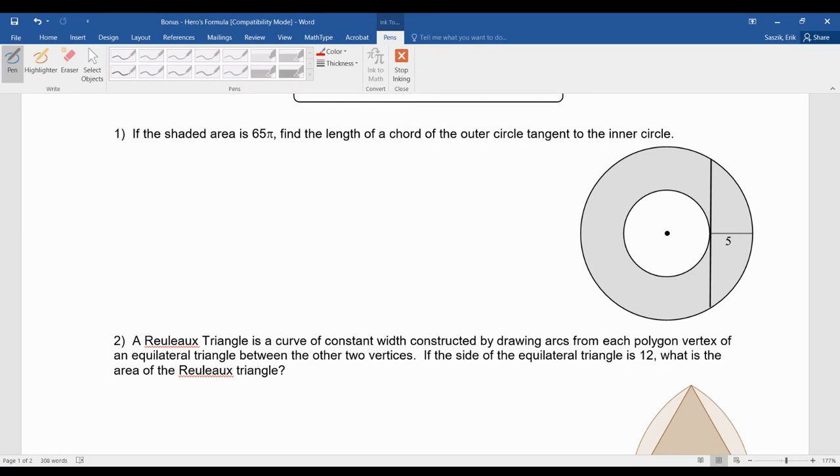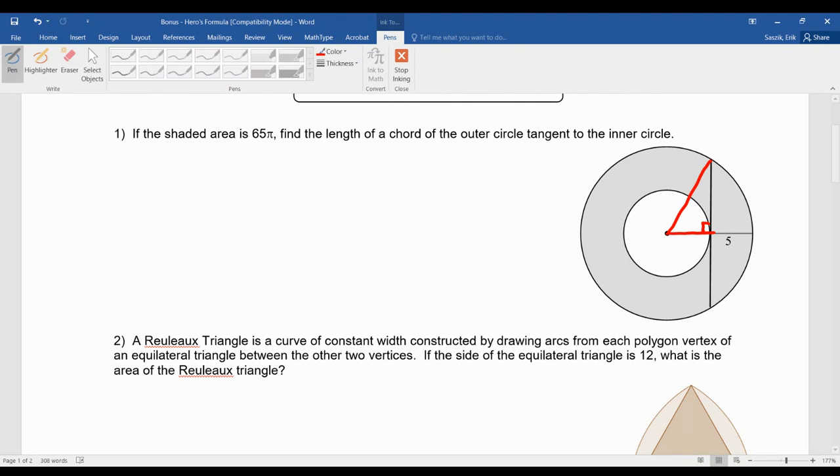So shaded area is 65 pi. Find the length of a chord of the outer circle tangent to the inner circle. So, I always love to draw in a radius. I'm going to extend that. I hope you realize that would be perpendicular, right? And let's see, what do we have here?